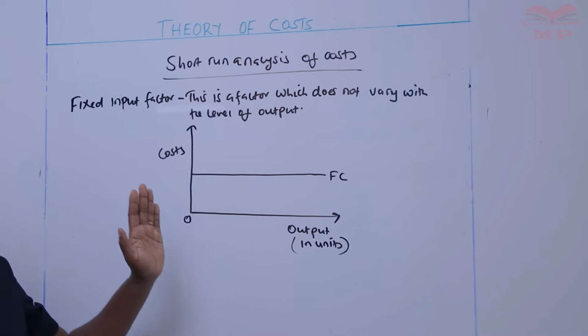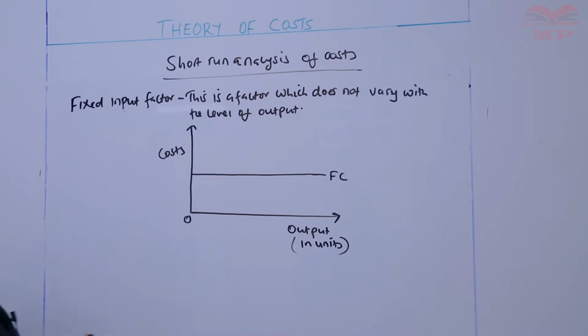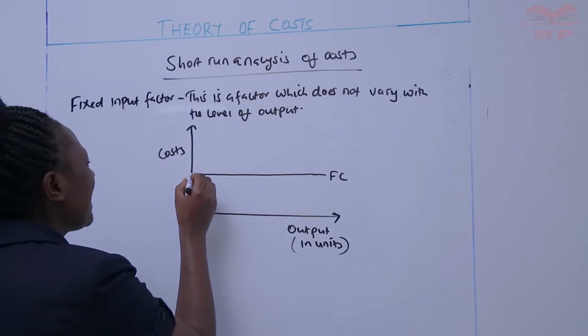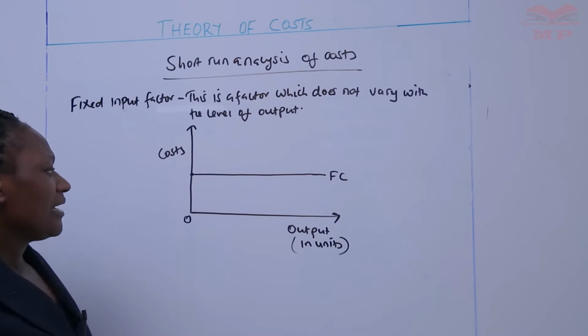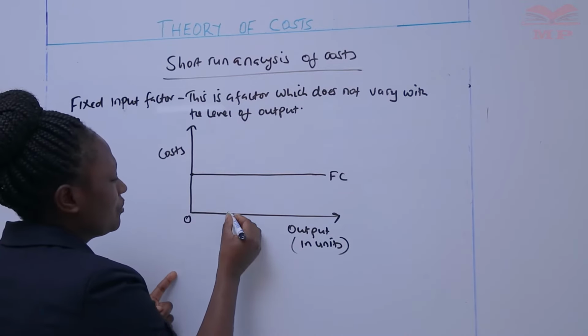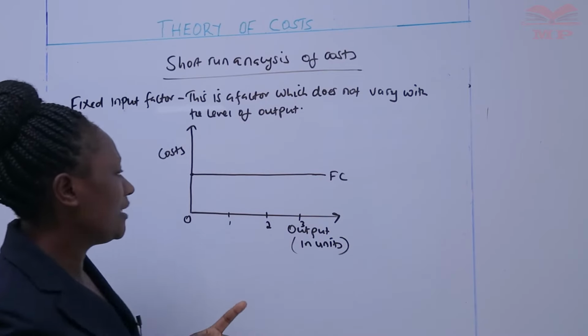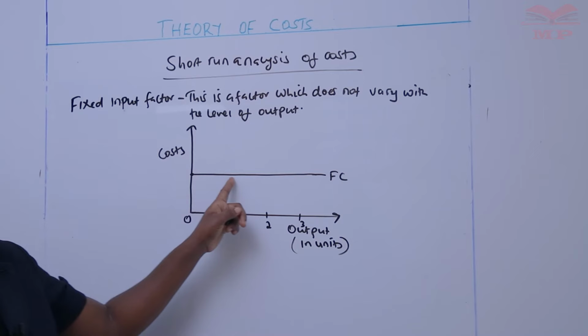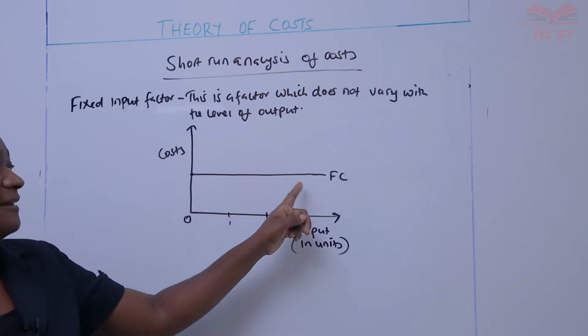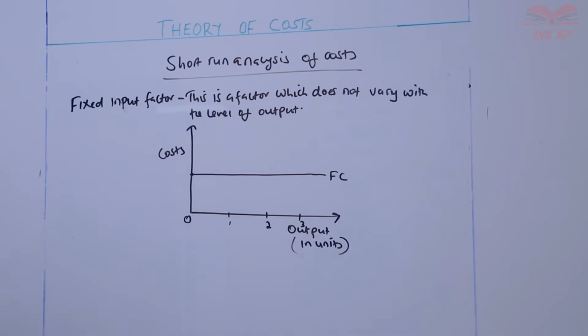When you are producing zero output, a fixed cost will still be incurred at this point. Even if I increase my output to 1, to 2, to 3, and so on, that cost is remaining constant at all levels. And that's what we refer to as a fixed factor or a fixed input factor.